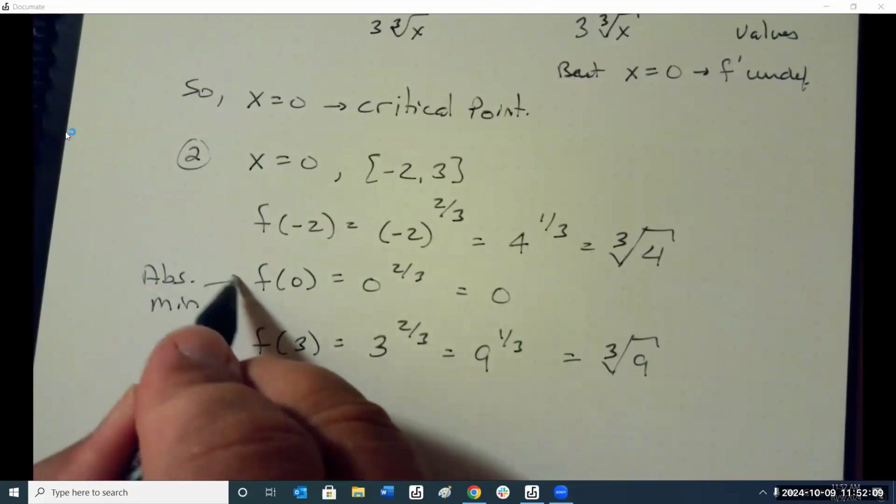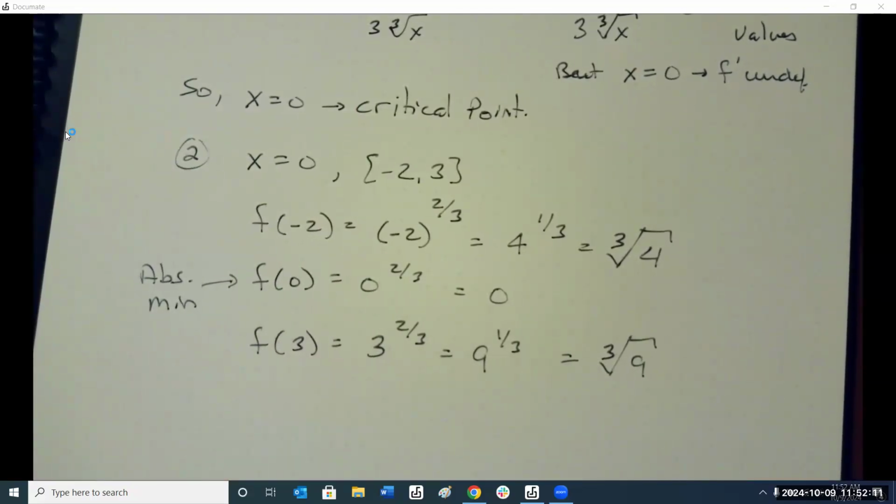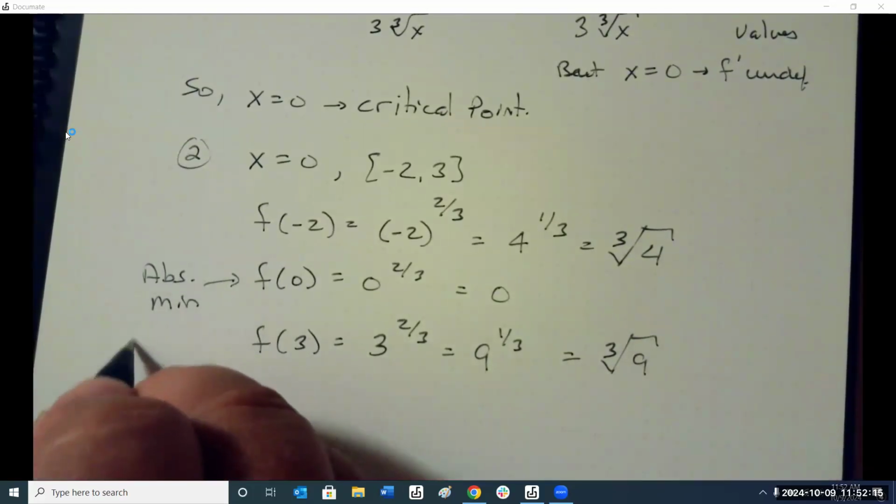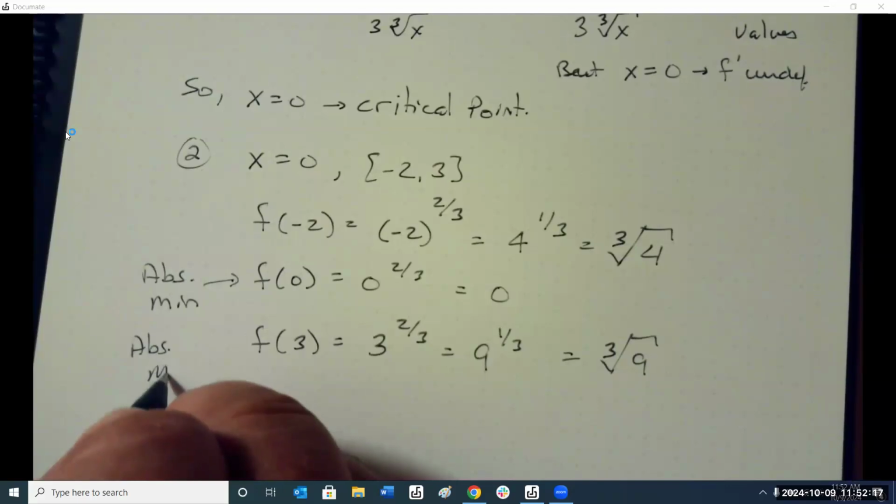The absolute min is at 0. And the cube root of 9 is bigger, so this is the absolute max.